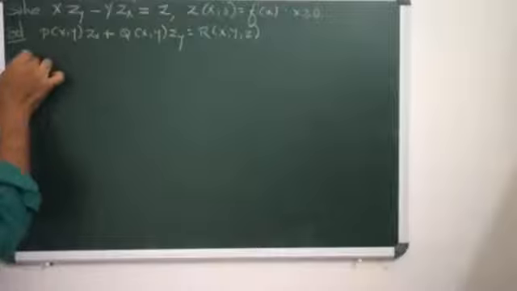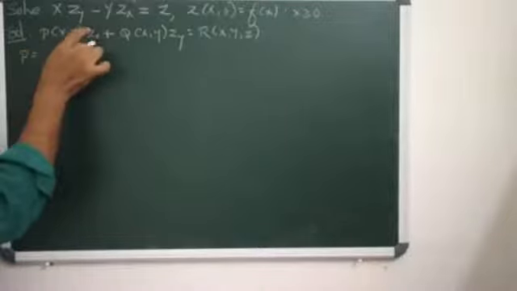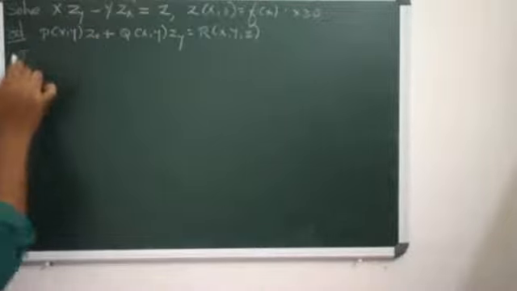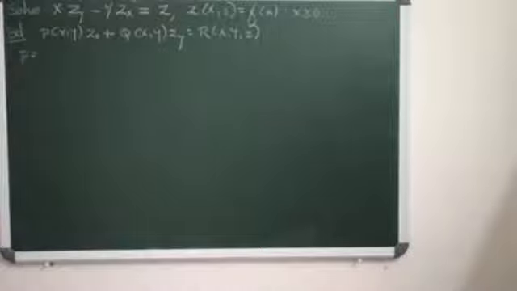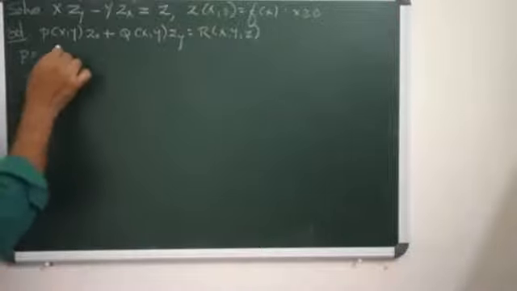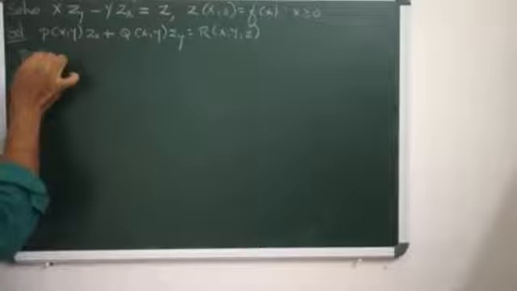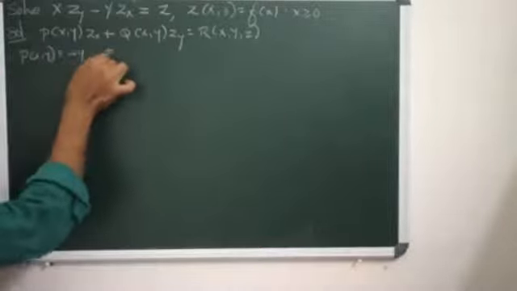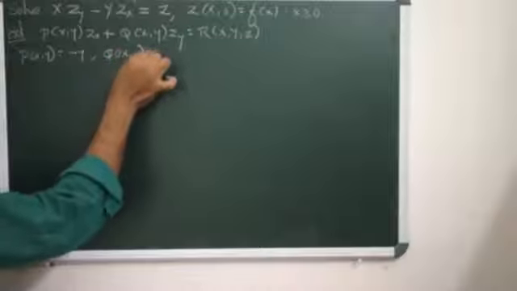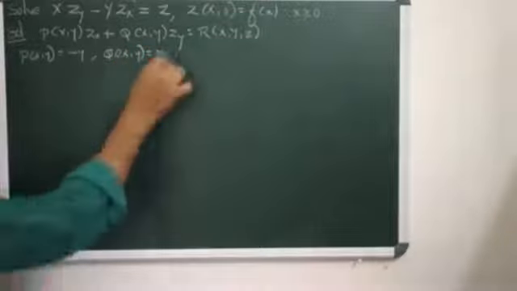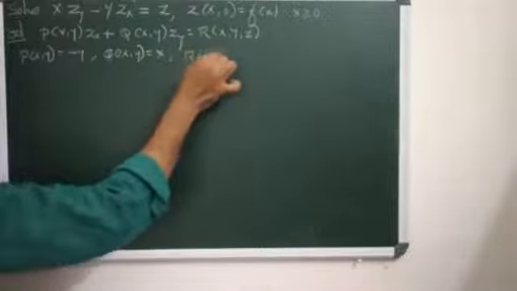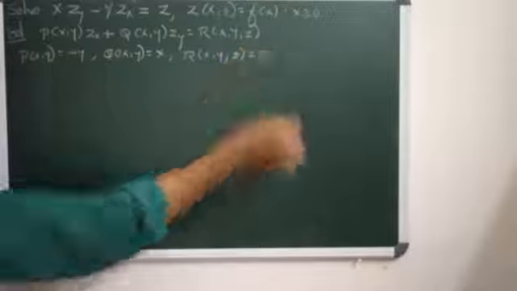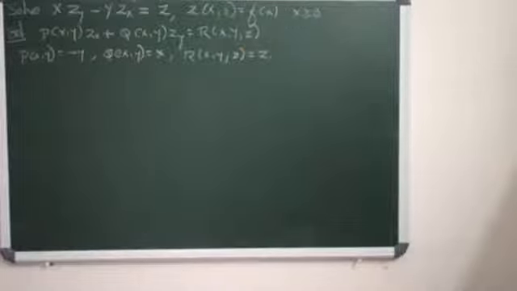So on comparing, what is p and q here? p(x,y) equals minus y, q(x,y) equals x, and r(x,y,z) equals z itself.